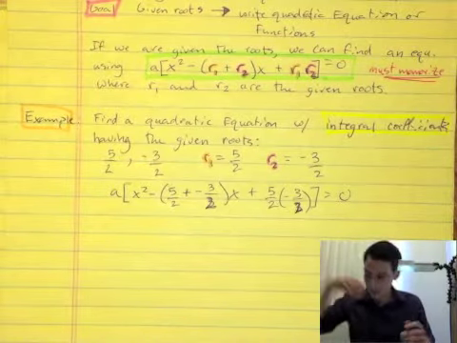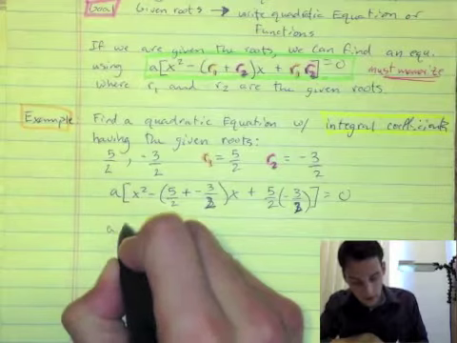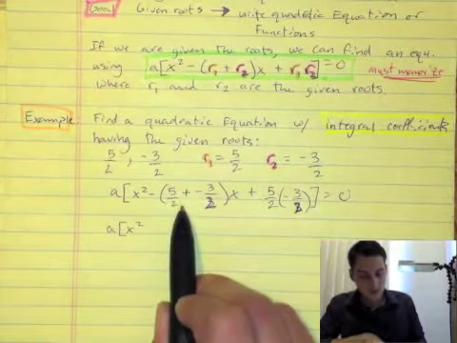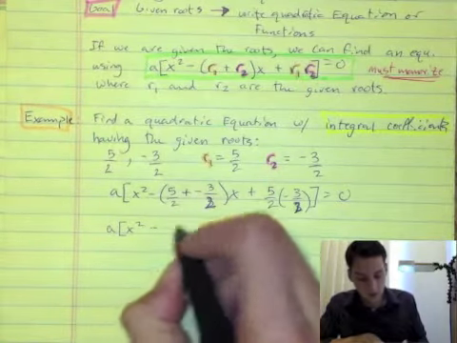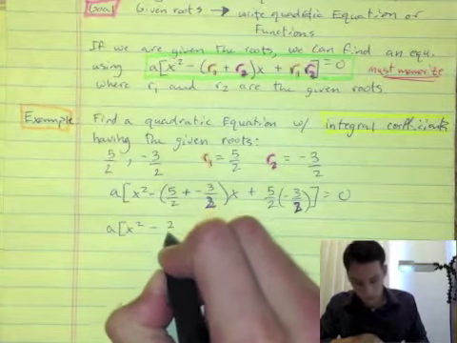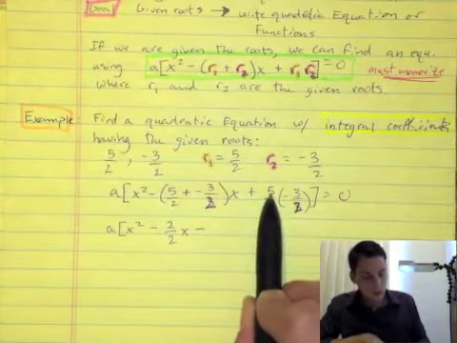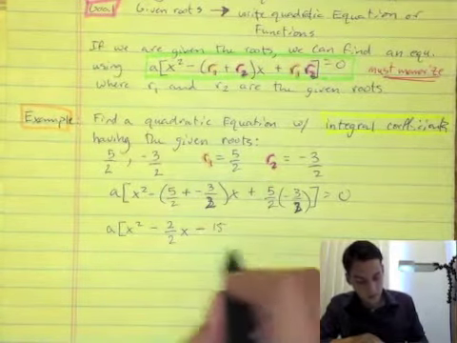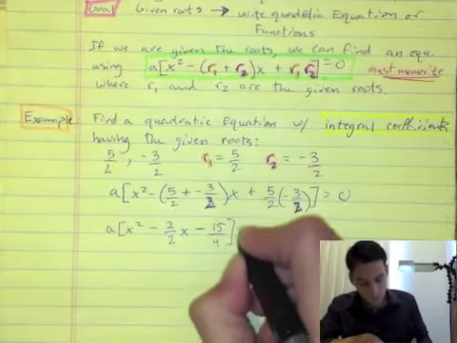Now I'm going to simplify. I'll have a times x squared minus 5 over 2 plus negative 3 over 2, same thing as subtraction, so I'll have 2 over 2 x, and then 5 times negative 3 is negative 15 over 4, 2 times 2 is 4, equals 0.